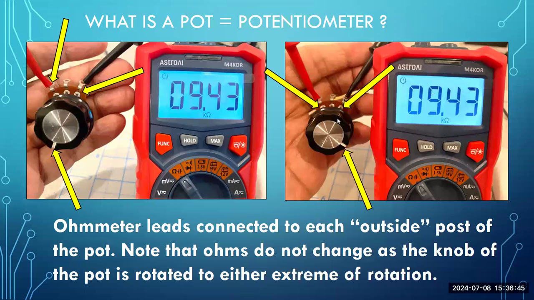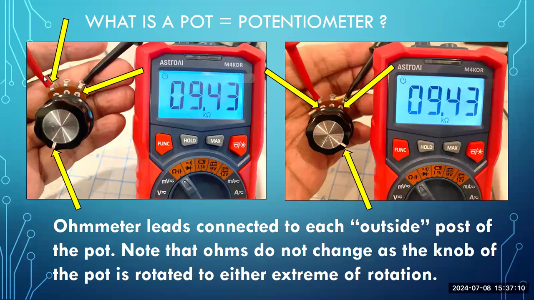It makes no difference where this knob is rotated in the grand scheme of this connection. As I'm rotating the knob left, right, or anywhere in between, the amount of ohms on the outside pins do not change.